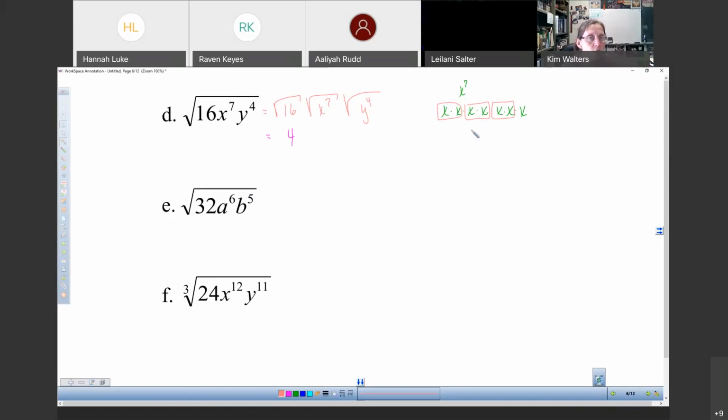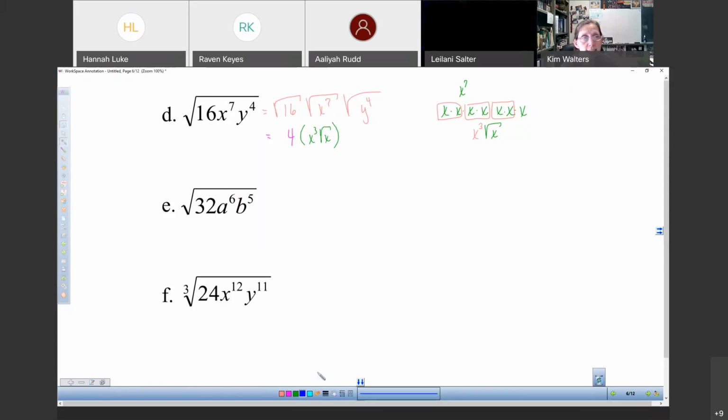This is going to become x to the 3rd times the square root of x, because that's what's left, okay? So this square root of x to the 7th is going to become x to the 3rd times the square root of x. We're going to clean this up in a minute. This is very messy looking.